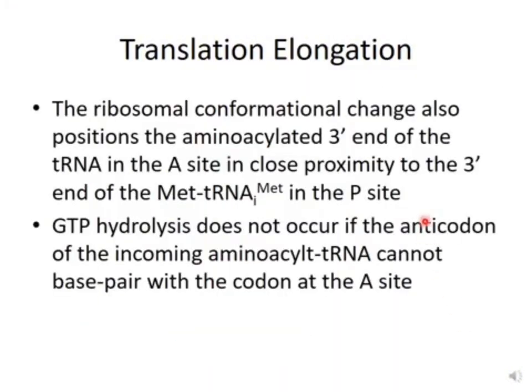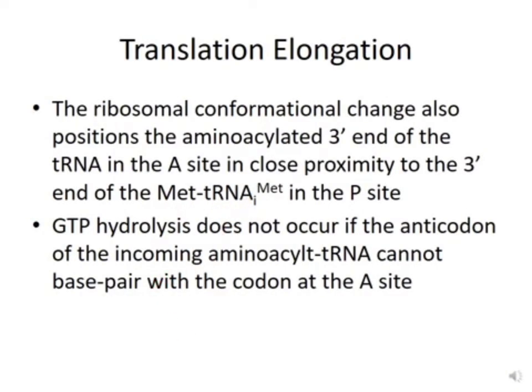This ribosomal conformational change, as I mentioned, brings closer the 3' end of the tRNA that is bound to the start codon and the first methionine in the P site.